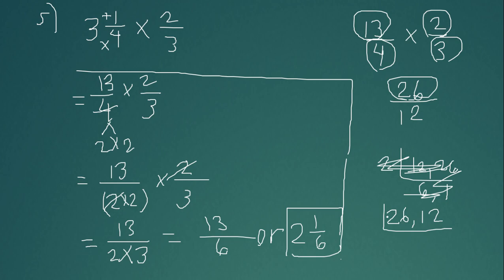Divisible by 2, we have 13 and 6, divided both sides by 2. How many 6 in 13? We have 2. So that's 2 1/6 ang answer.